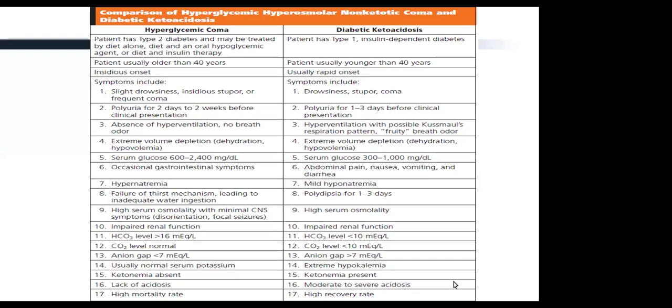What was the other one? Insulin resistance and erectile dysfunction.